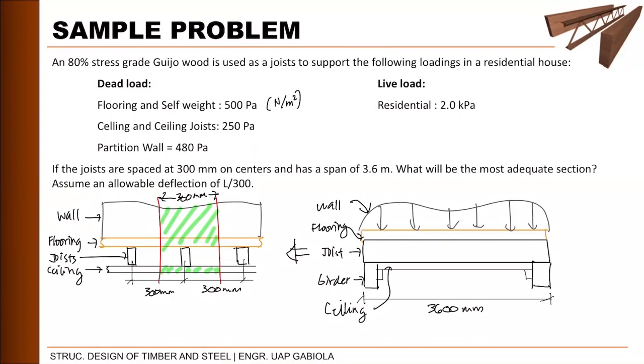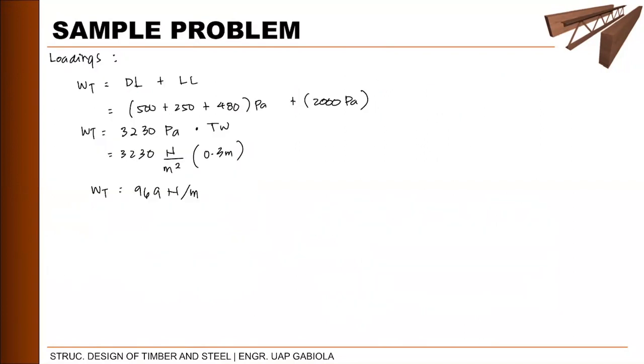So, using a free body diagram, ito yung girder na isa, and then ito yung girder sa kabila. Ayan. Then we have our uniformly distributed load na WT is equals to 969 Newton per meter.